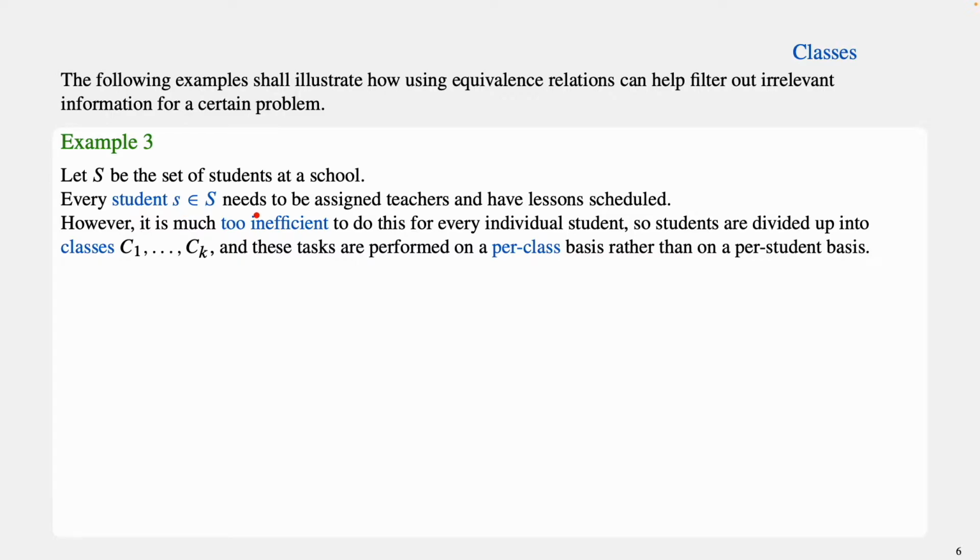So for each student, we need to assign teachers and lessons, but it's too inefficient to do this for every individual student. So what we do is we divide students into classes. Let's call them C1 to CK. And then these tasks of assigning teachers and scheduling lessons are performed for each class. So on a per class basis and not for each individual student.